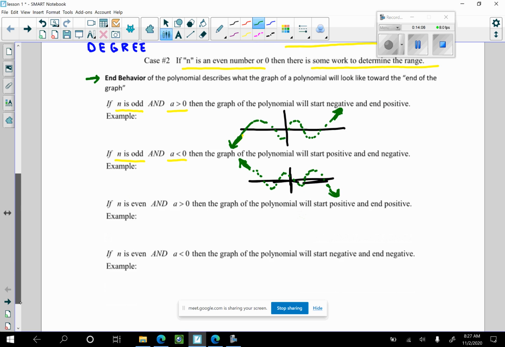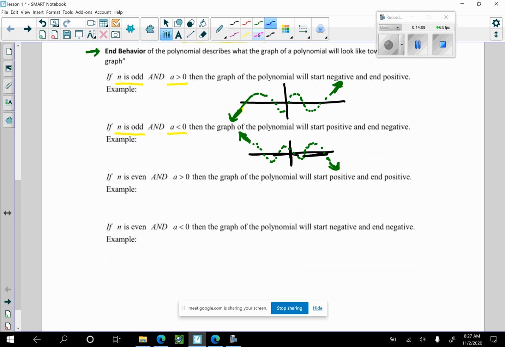Now I'll talk about if n is even, if the degree is even. If the degree is even and the leading coefficient is positive, then the graph of the polynomial will start positive and end positive. That's going to look like this.